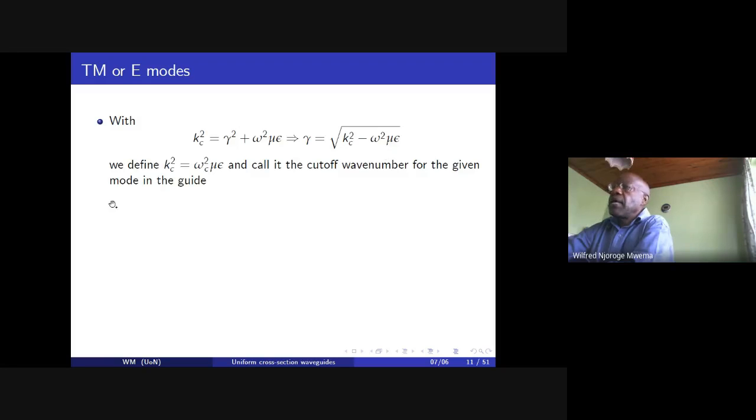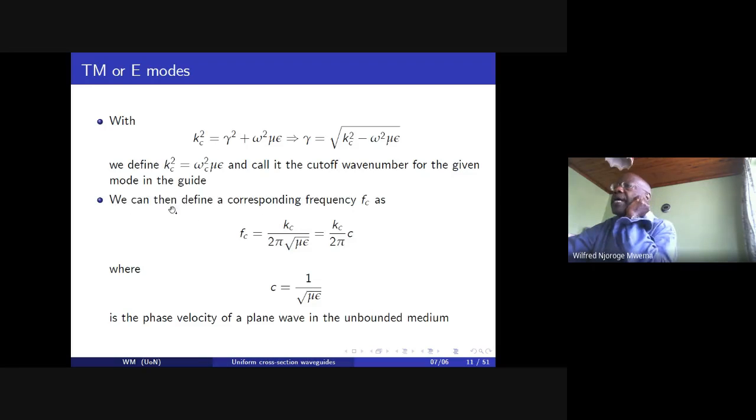And we define Kc squared to be a value omega c squared, where omega c is some characteristic radian frequency, multiplying mu epsilon. That is, we can write Kc as twice pi divided by a wavelength lambda c, and we'll call it the cutoff wave number for the given mode in that guide.